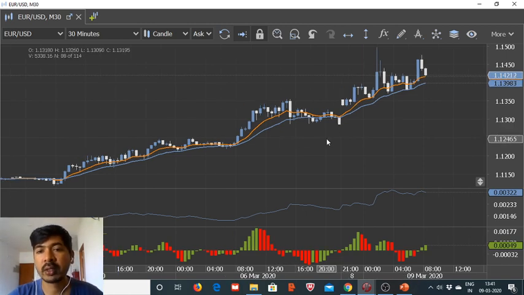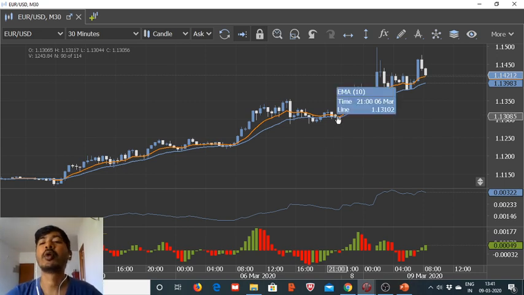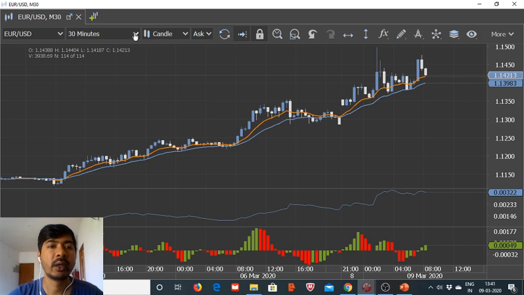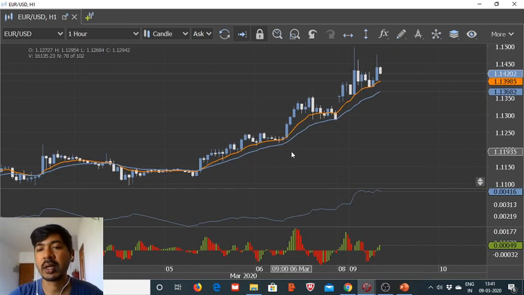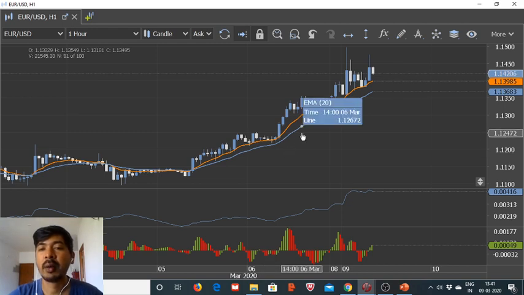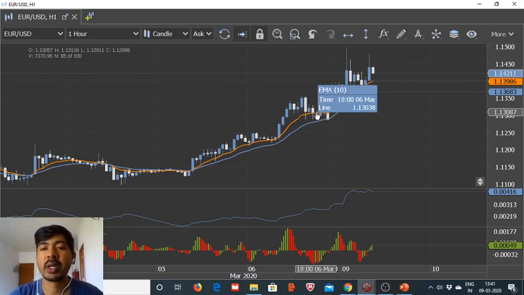To avoid such circumstances, we have to bring in some condition on the lower side. So we define a floor price, maybe around a 2 or 3 hour time frame should be good enough.